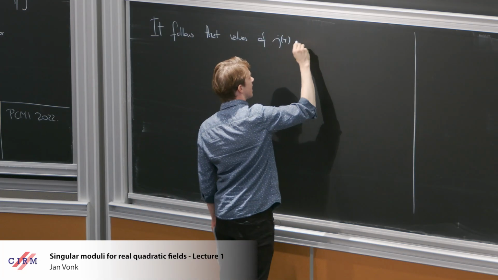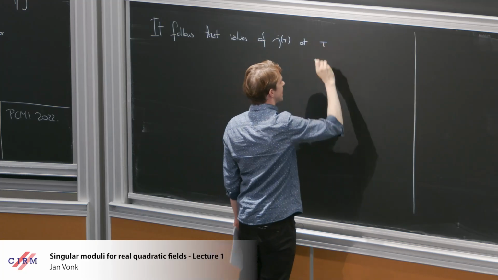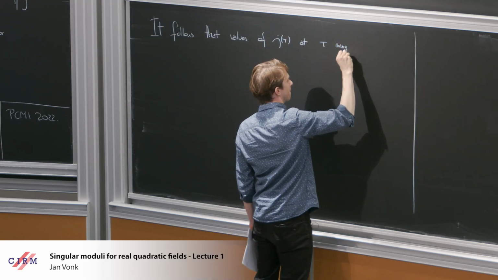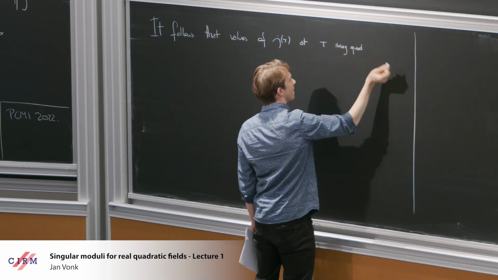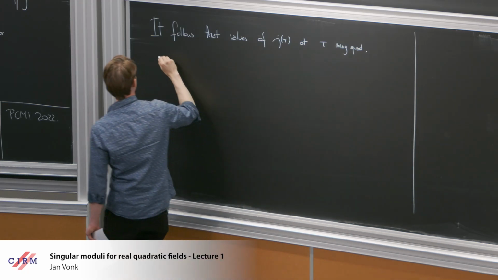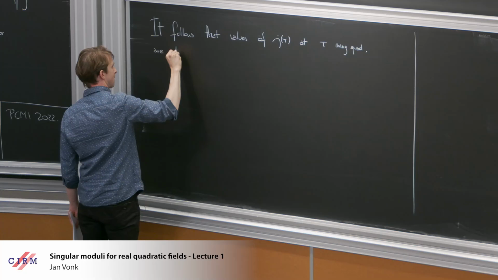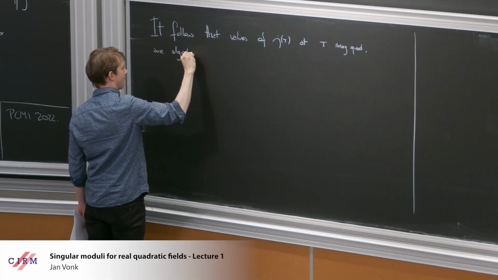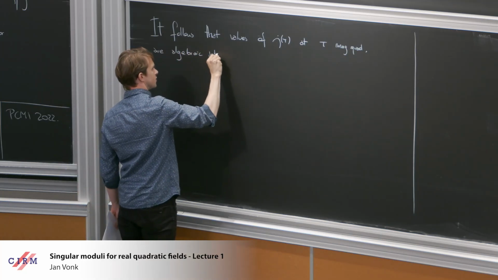The values of j tau at tau imaginary quadratic are algebraic integers.